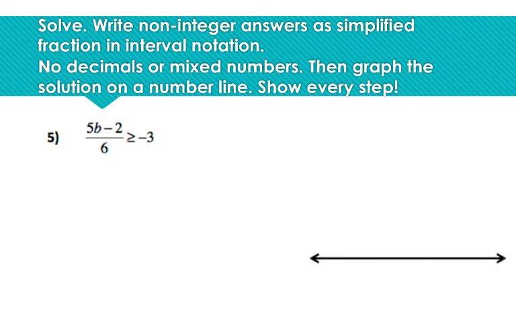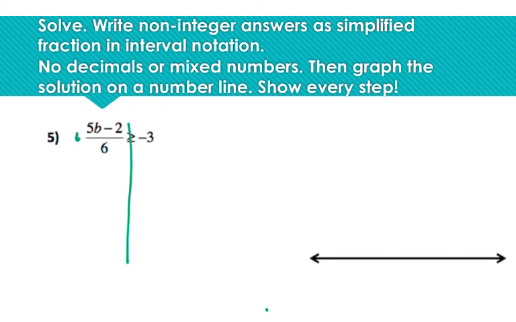Number 5. 5b minus 2 divided by 6 is greater than or equal to negative 3. So we draw our line down from our inequality sign. Notice this is a rational inequality. And here we have to do the opposite of dividing by 6, because we're dividing everything by 6.